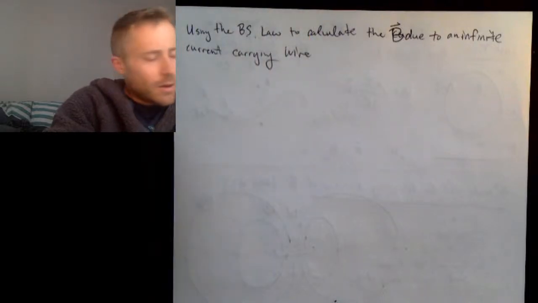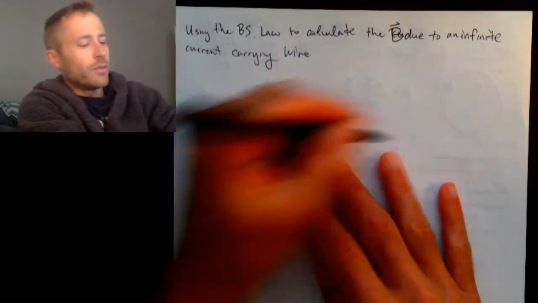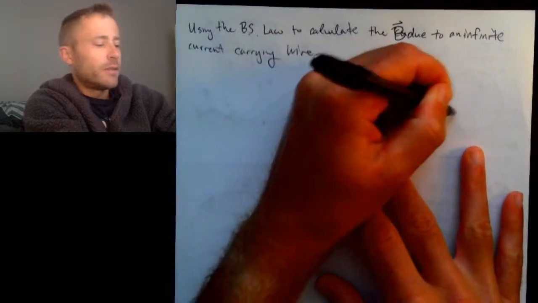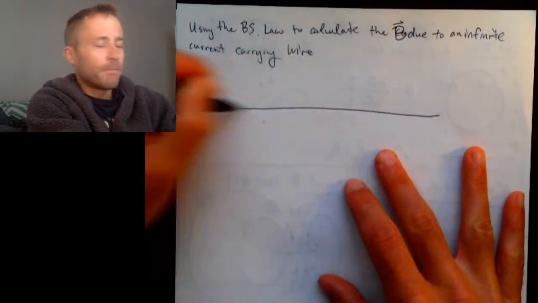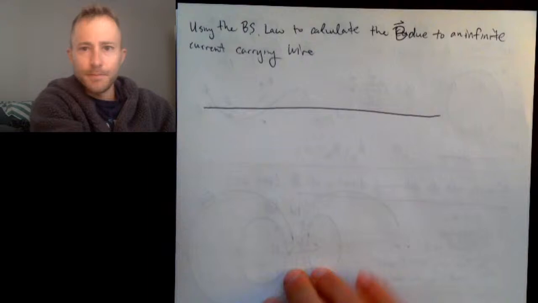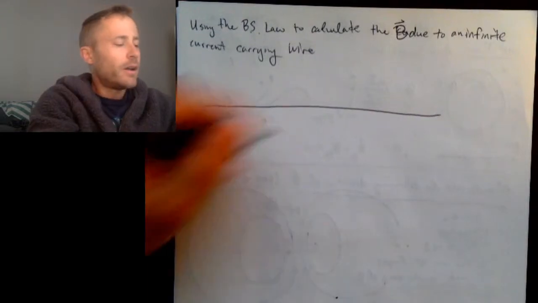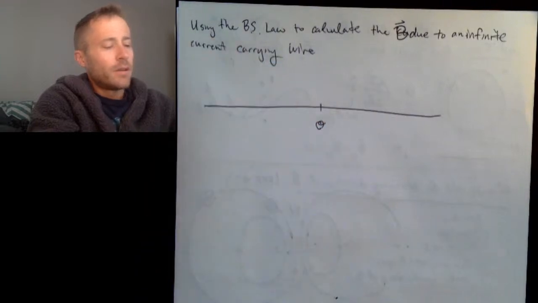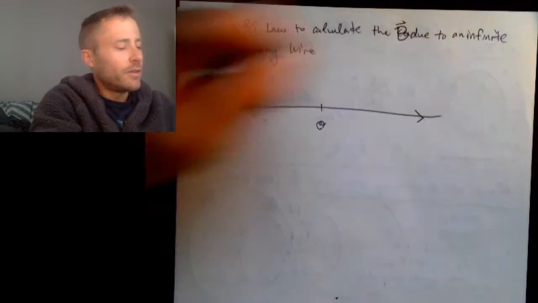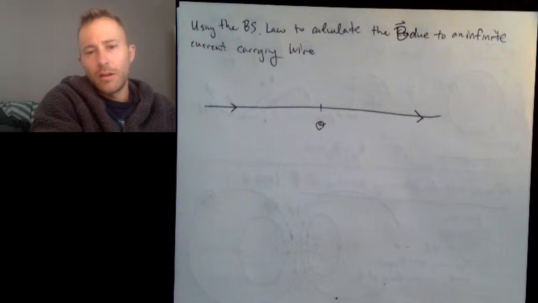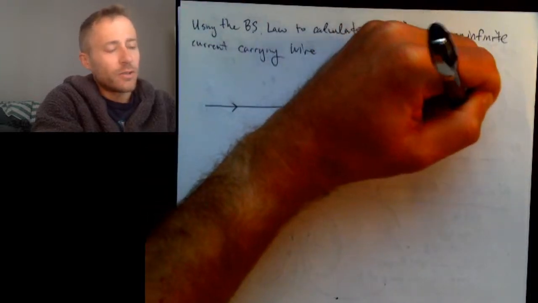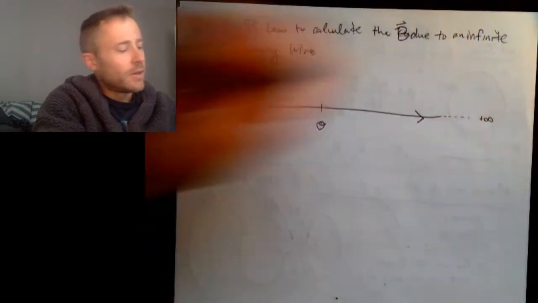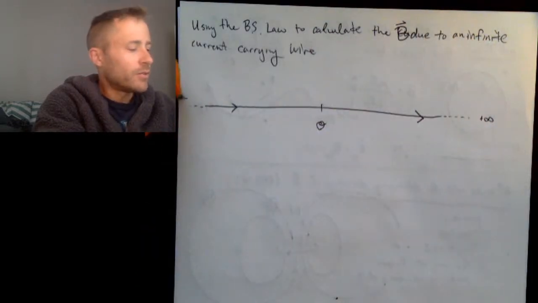Okay. So let's suppose that we have an infinite current carrying wire. And so here's the origin. The wire is carrying current in the rightward direction, and it just goes on and on. So it goes to plus infinity, and it goes that way to minus infinity.